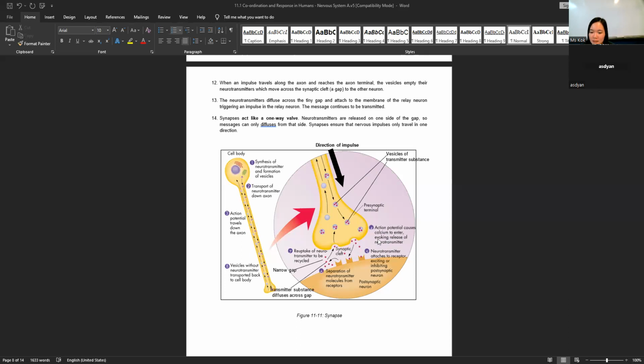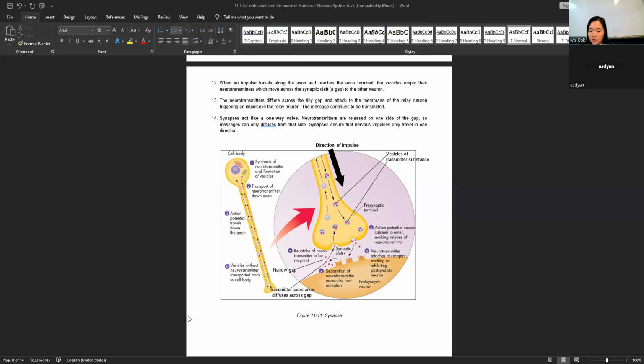So when nerve impulse reaches here, the calcium will diffuse in, and then it will cause the vesicle that contains neurotransmitter to bind with the membrane. And then the neurotransmitter will then be sent out into the synapse.